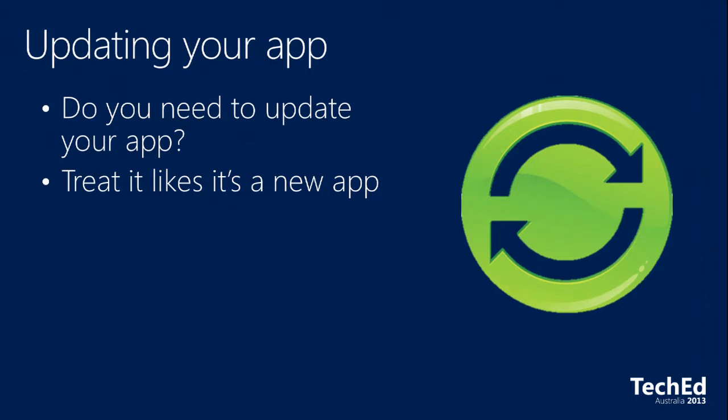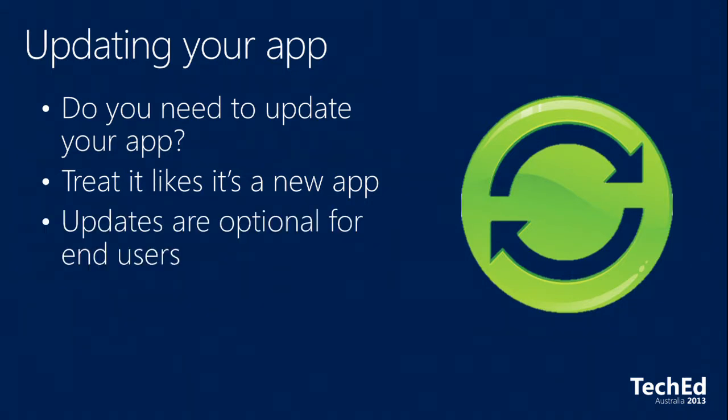When you do update the app, treat it like it is a new app. Okay, you've got to treat it like it's a brand new app, not making a simple change. People will still come along. They will be installing your new version as if it was the first time. A big one that's overlooked is that updates are optional. So people can still run on the first version of your app.